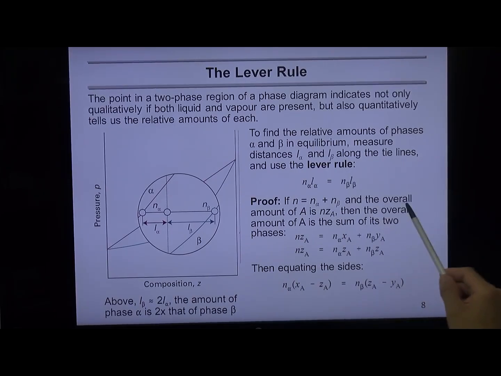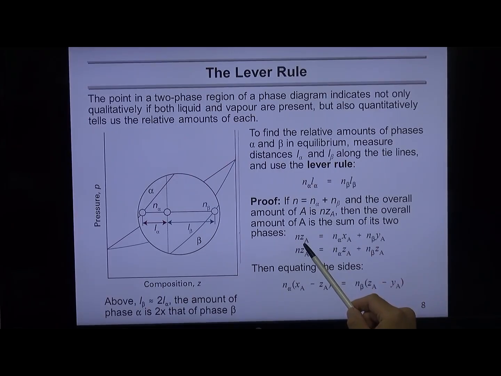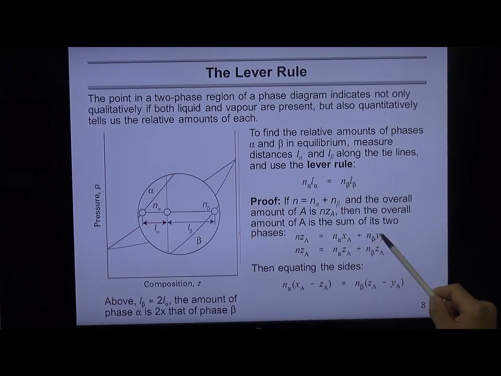Then the overall amount of A would be N times ZA, where ZA is the overall composition of A. And N ZA should be equal to N alpha XA, number of moles of, for example, liquid phase times mole fraction, plus N beta YA, number of moles in the gas phase times mole fraction in the gas phase.